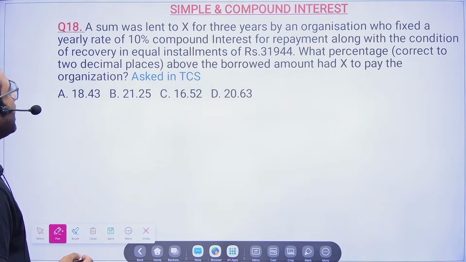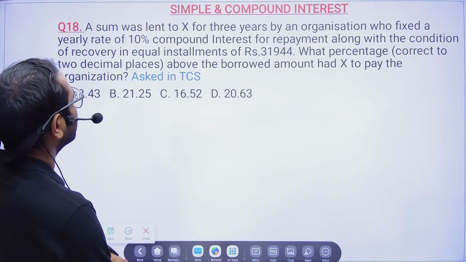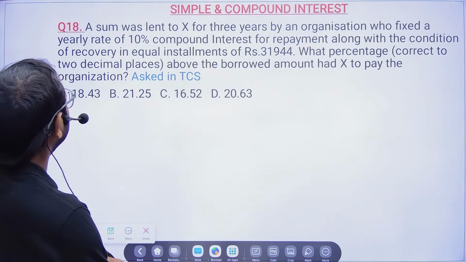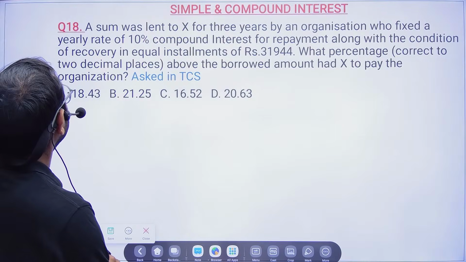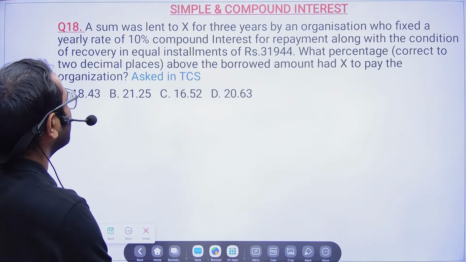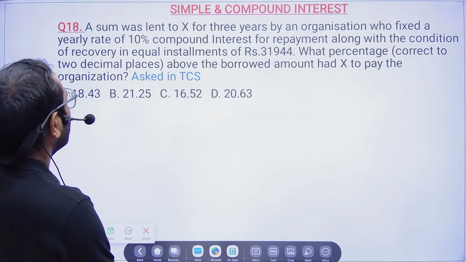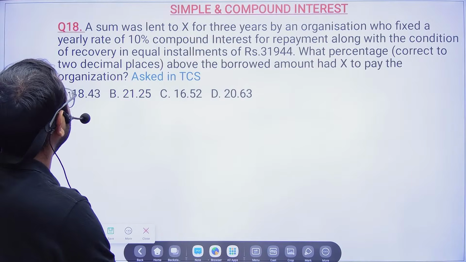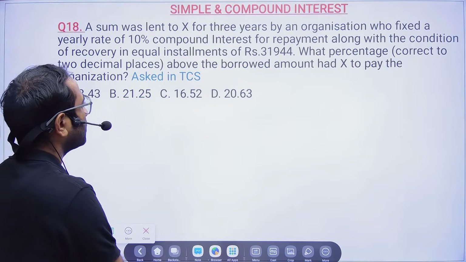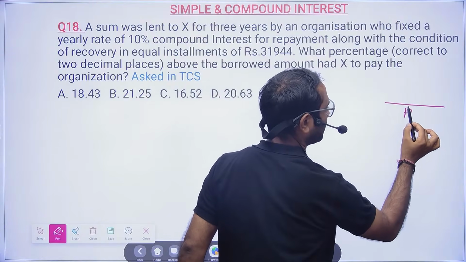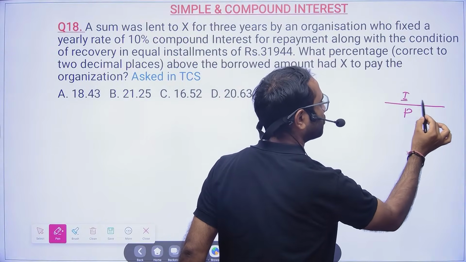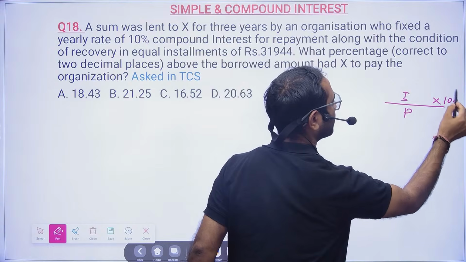So a sum was lent to X for 3 years by an organization who fixed a yearly rate of 10% compound interest with the condition of recovery in equal installments of rupees. What percentage above the borrowed amount had X to pay the organization? So what they're telling is, whatever principal you have taken and whatever interest you paid, you need to tell what percentage that is.